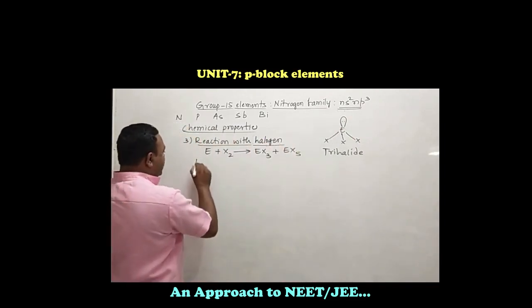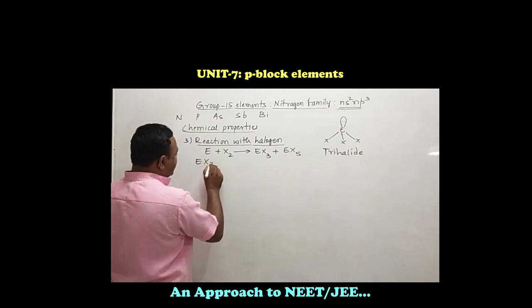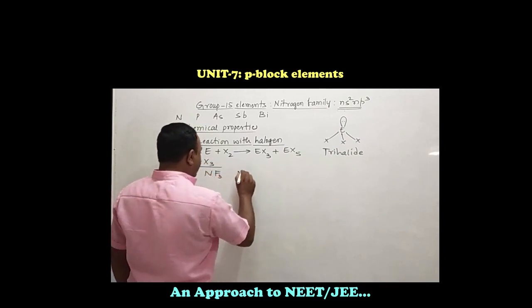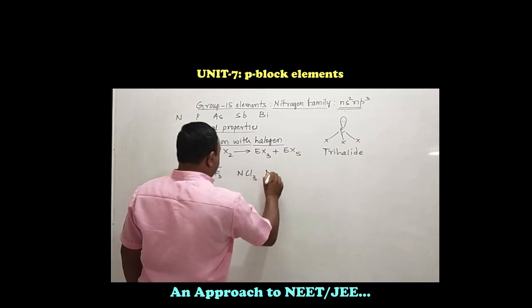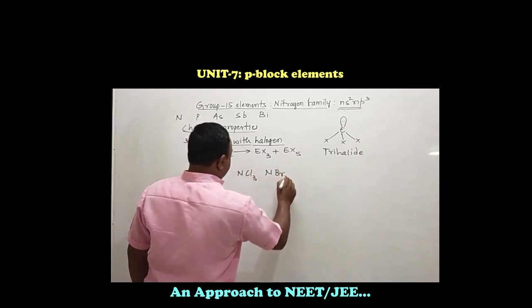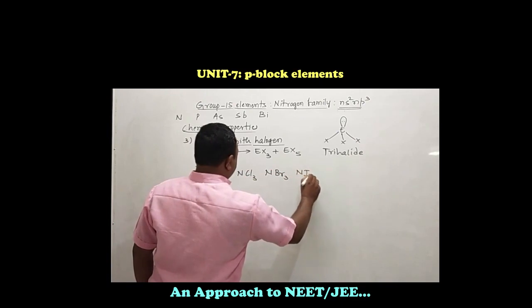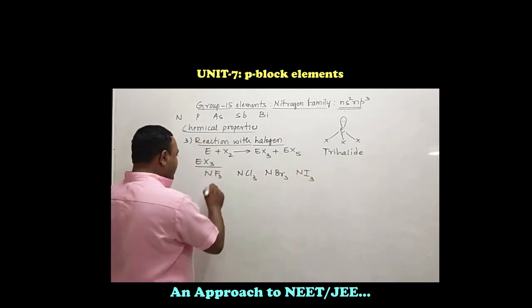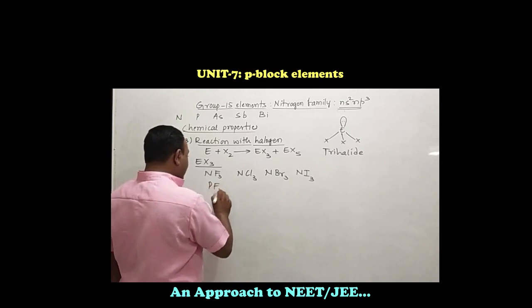I am going to write all the trihalides formed by the group 15 elements. First for nitrogen: NF3, NCl3, NBr3, NI3. Similarly for phosphorus, we are writing the halides.